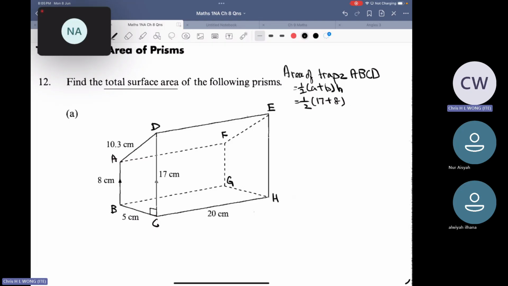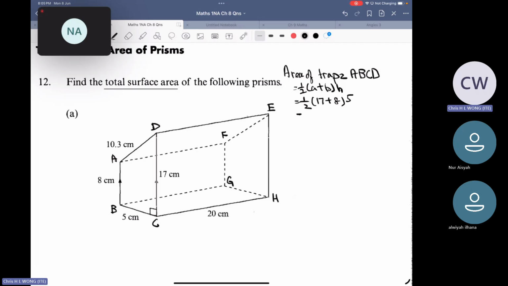Can somebody tell me? Very good. Why do you say it's a 5? Because of a right angle. You must be able to identify, okay? Because of right angle, equals to 5.